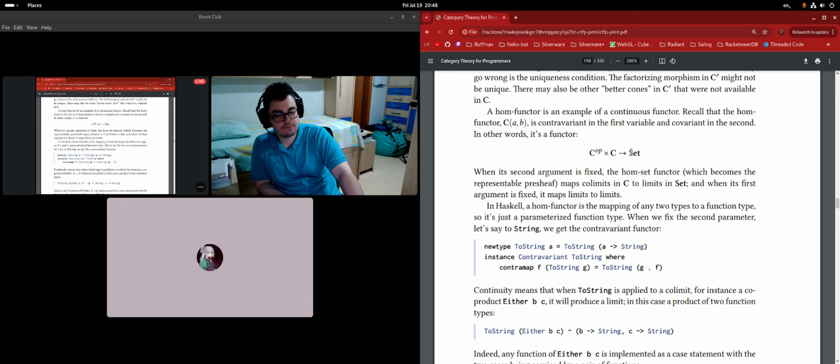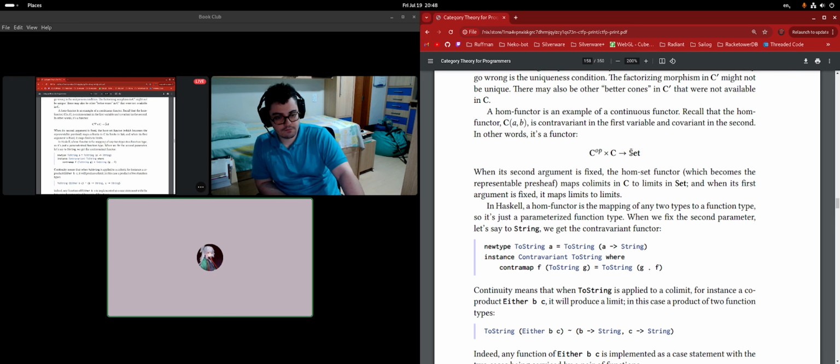Because a functor has a beginning and an end, right? An input and an output, because it's a transformation between two categories, right? Sure. The source and the target. Sure.